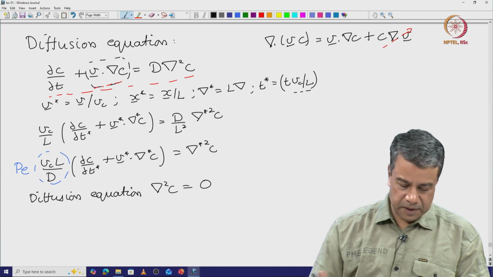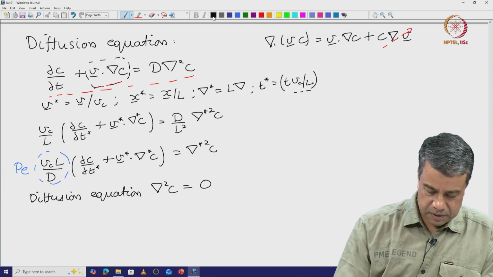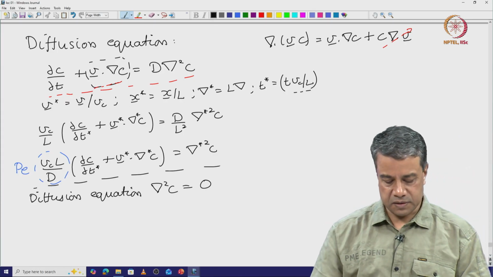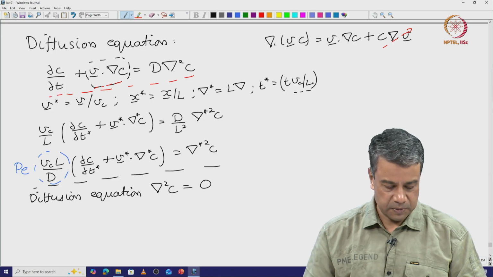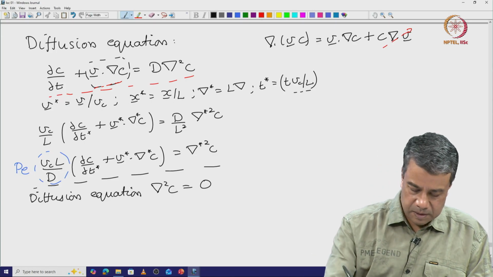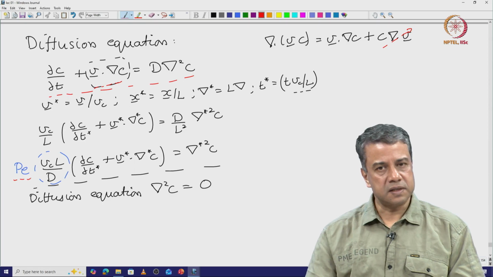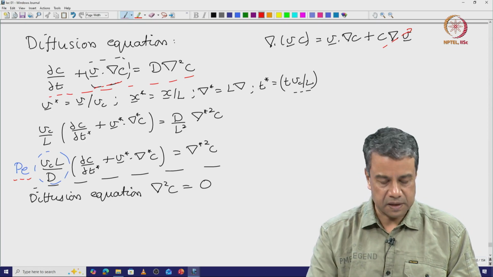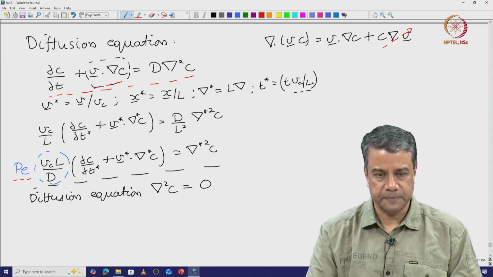In terms of this, we get a dimensionless equation, provided C is suitably non-dimensionalized, which has this Peclet number, characteristic velocity times characteristic length divided by diffusion coefficient, on the left side.